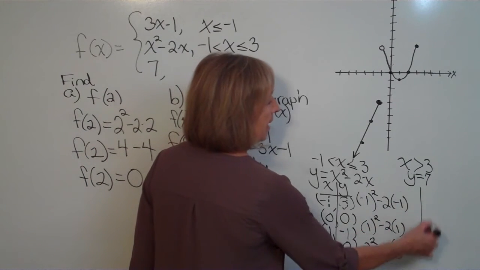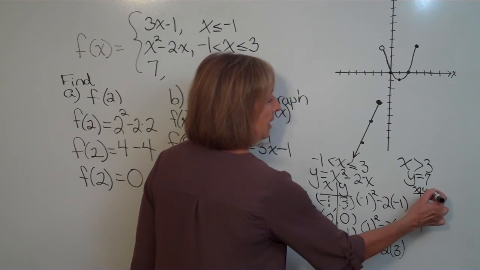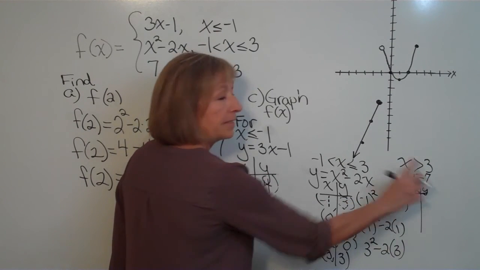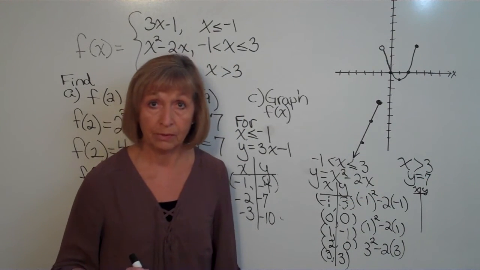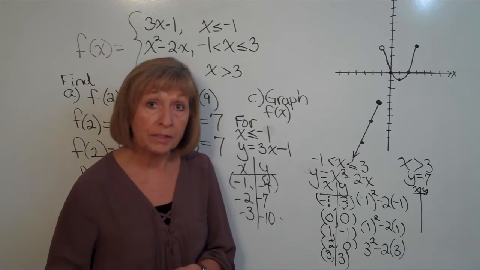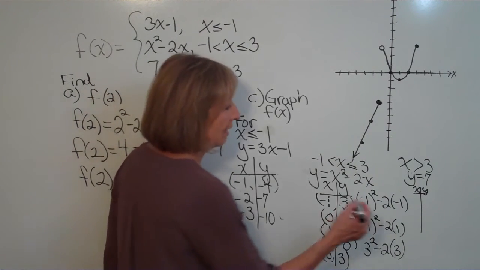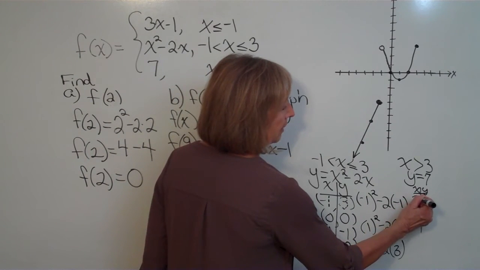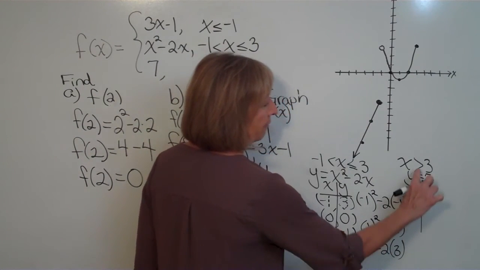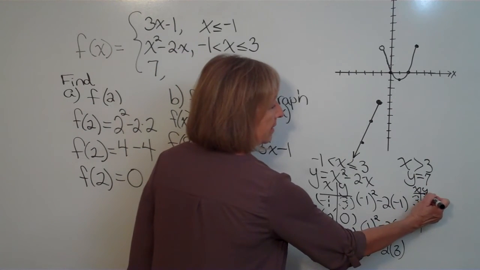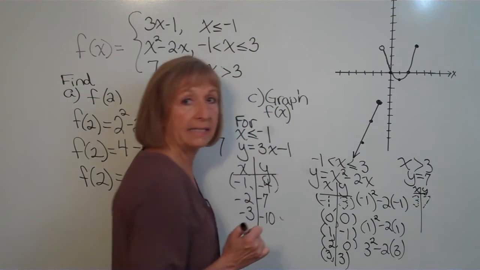And when I make just a couple values in my table, and I want to do the cutoff number 3, notice it doesn't have an or equal to. So there's going to be an open circle at the spot 3, 7. So if I plug in a 3, I'm going to do it dash to remind myself it didn't have the or equal to, and y is 7 throughout all of this piece of it.